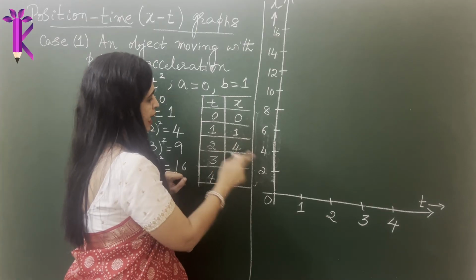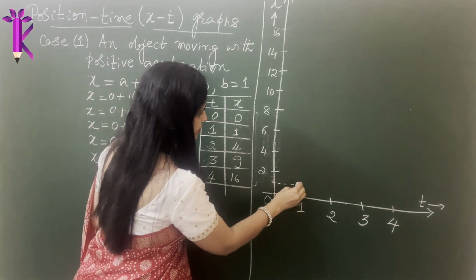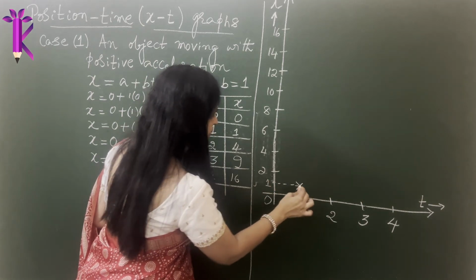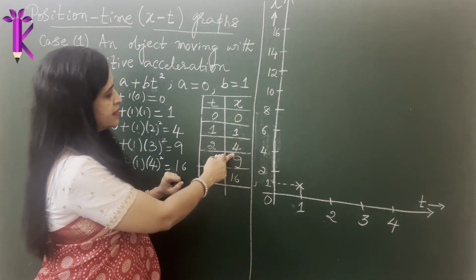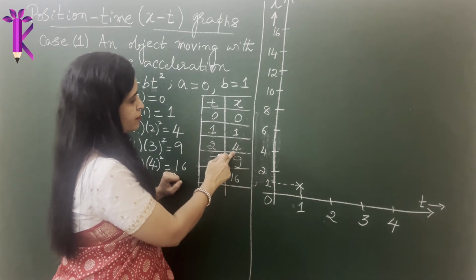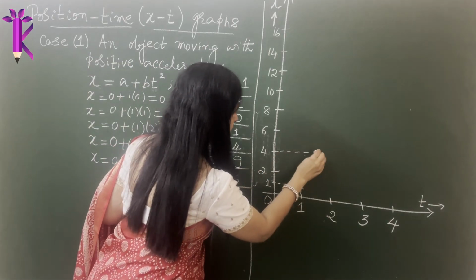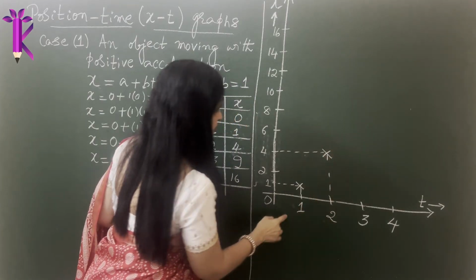When the value of time is 1, it covers a distance of 1 meter. So this is 1. So this will be the position. Now when it is 2 seconds, you see that it is at a position of about 4 meters, right?